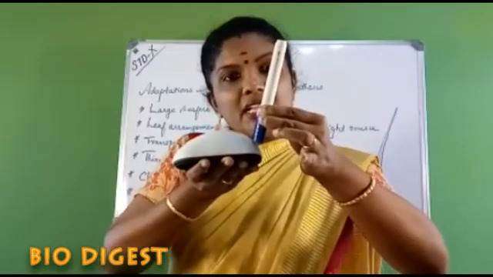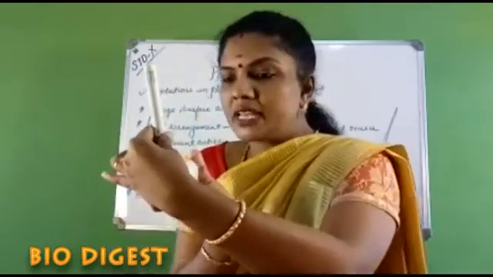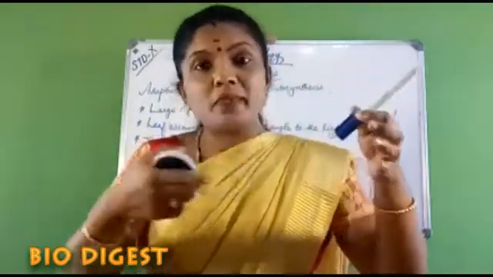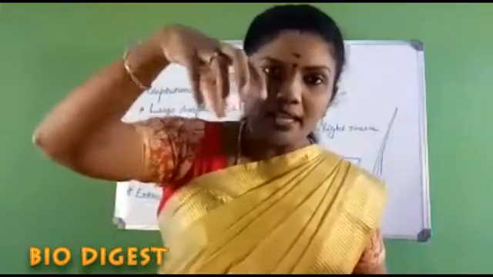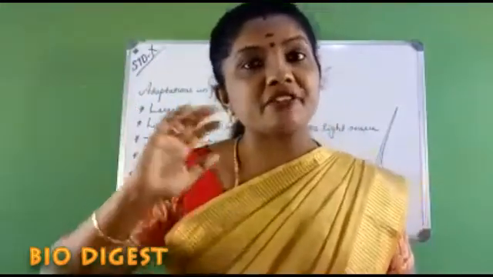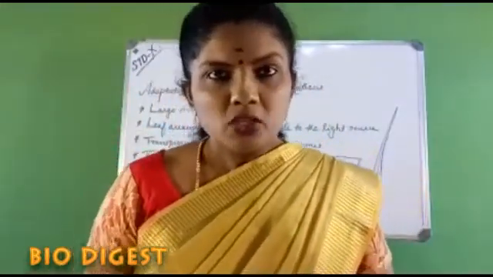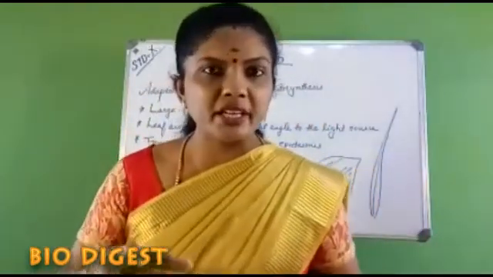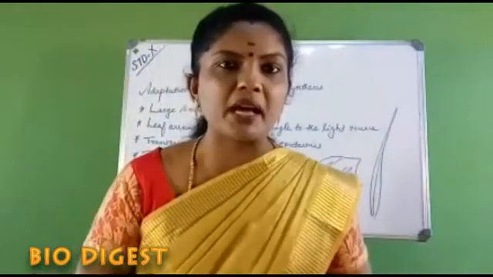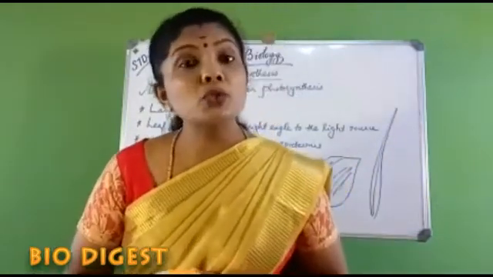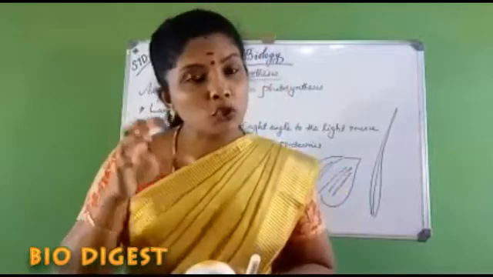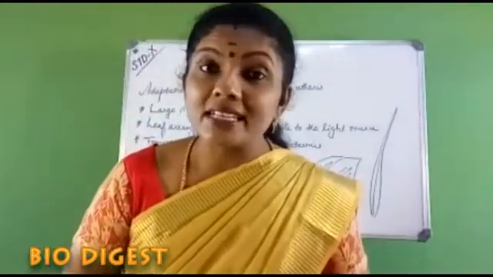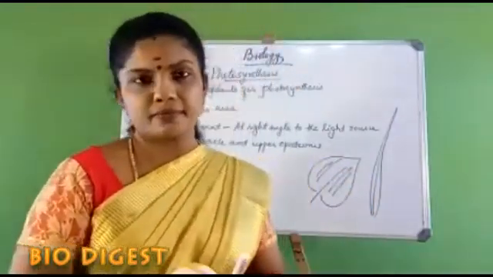So if the leaves are arranged at right angles to each other, all the leaves will be able to get enough sunlight. So arrangement of the leaf is another important adaptation that will be facilitating the plants in carrying out photosynthesis. So how should the leaves be arranged? The leaves should be arranged at right angles to each other.